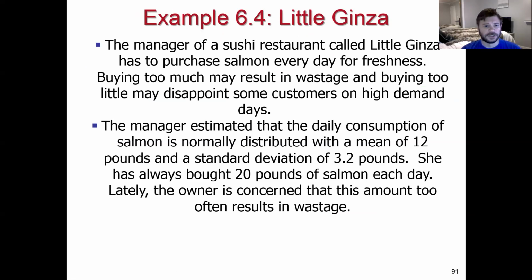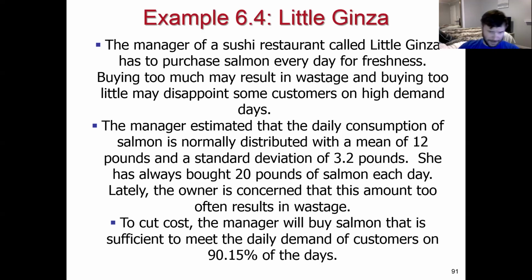Traditionally, she's always bought 20 pounds of salmon each day, but the owner is concerned that this amount too often results in wastage. So to cut costs, the manager is considering buying salmon that is sufficient to meet demand on about 90% of the days. And again, we're given slightly different parameter values here: a mean of 12 and a standard deviation of 3.2.